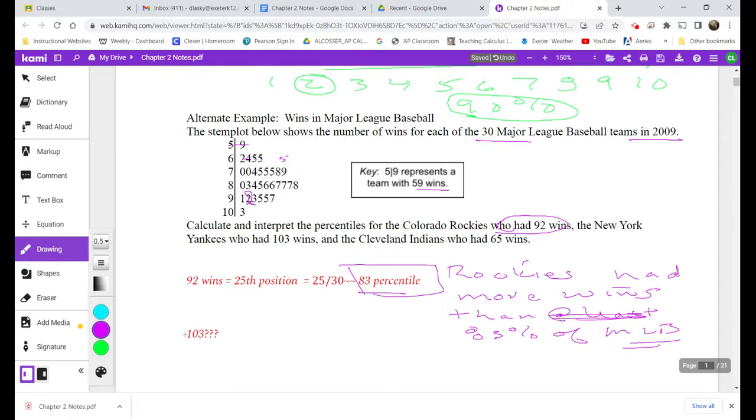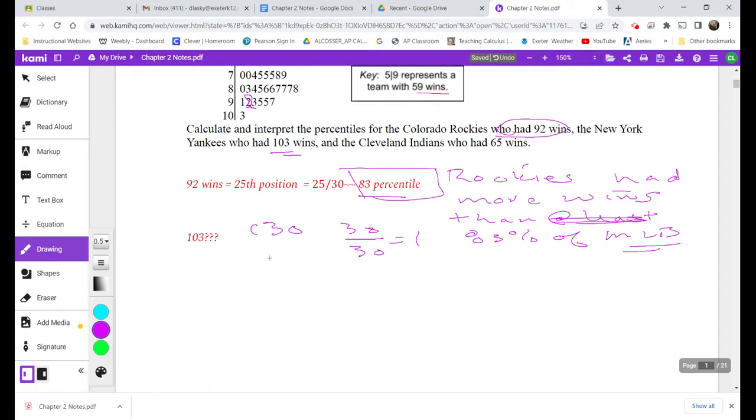Here we go. So what about 103 wins? Well, 103 wins is the 30th rank, but that's one. So there's this common question of, can we have the 100th percentile?